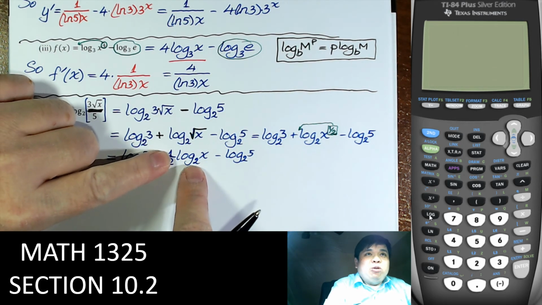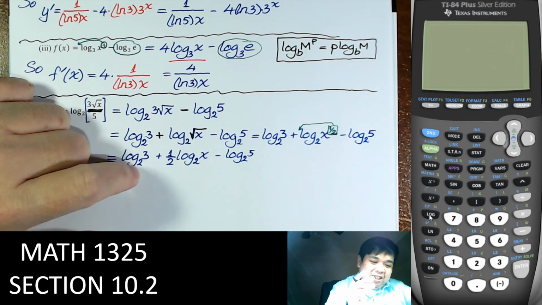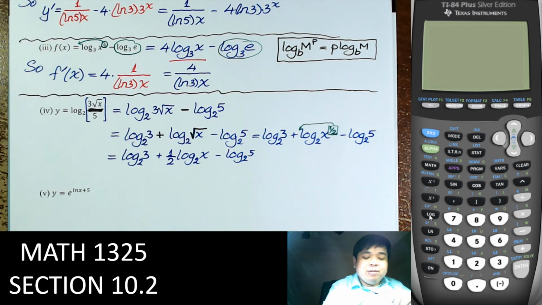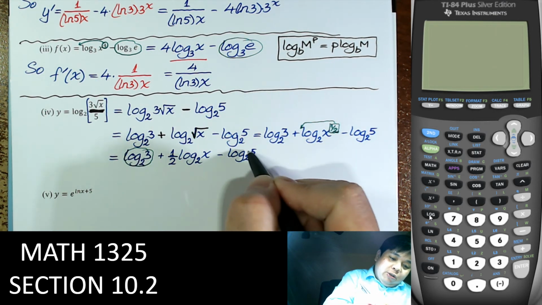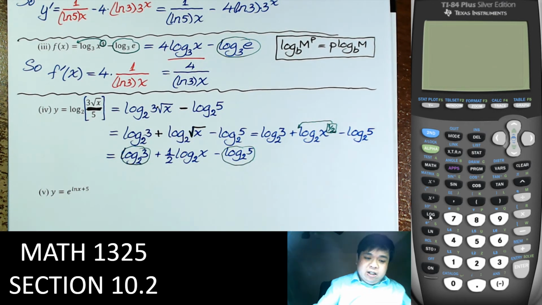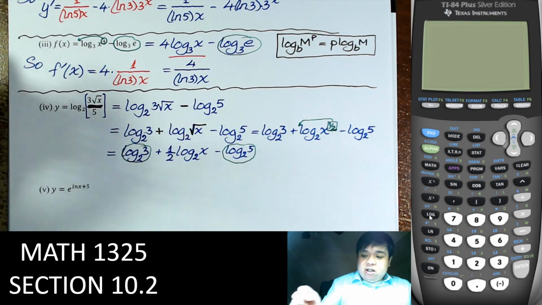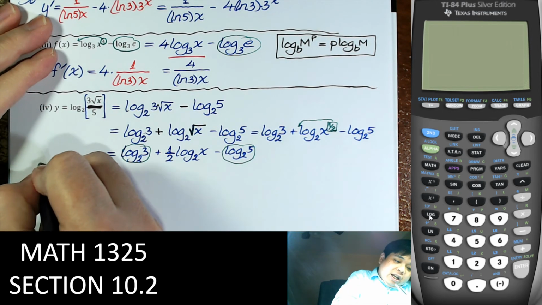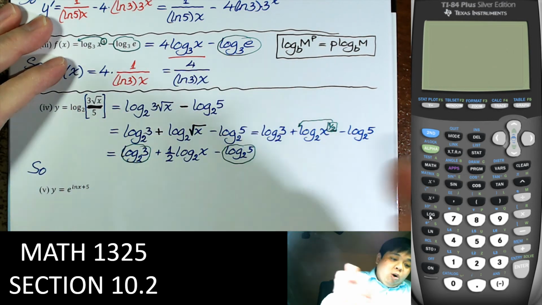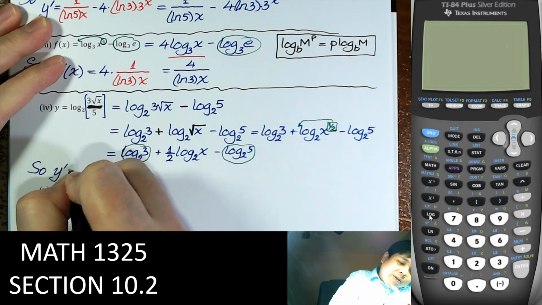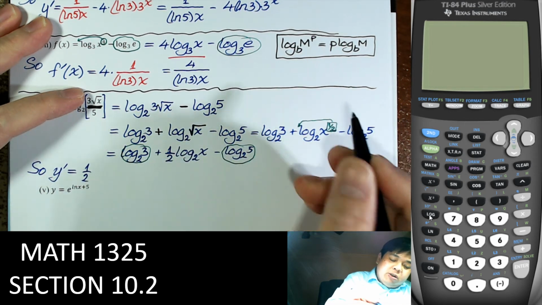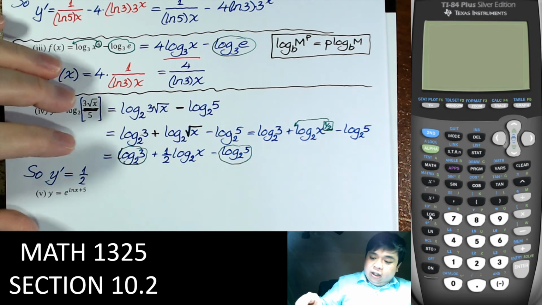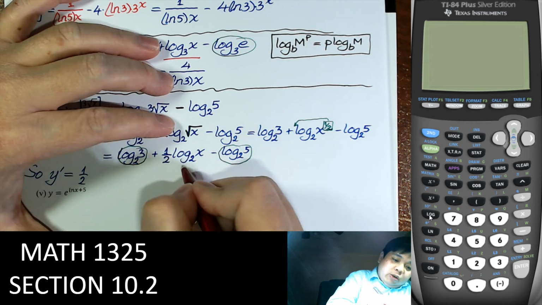But now we can take the derivative of log of x, right? That's what we need to do, all of this. This is constant, so the derivative is equal to 0. The derivative of this is equal to 0. So that's easy. We just have the derivative of the log there. Now we have 1/2. The derivative of this is 0, so that doesn't really do anything. Now we have the log base 2 of x.